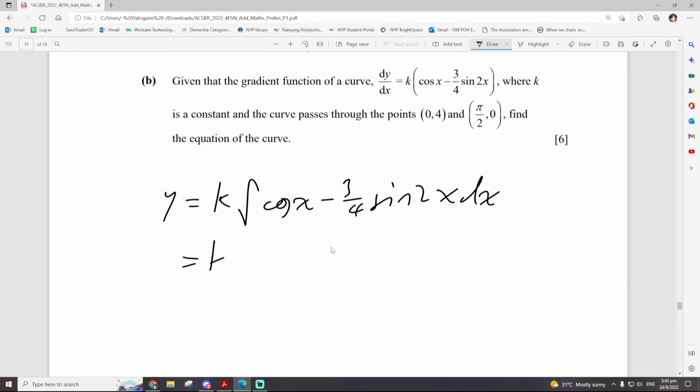You will get k sine x plus, you need to divide by 2 here, so this will give me plus 3 over 8 cosine 2x plus c.